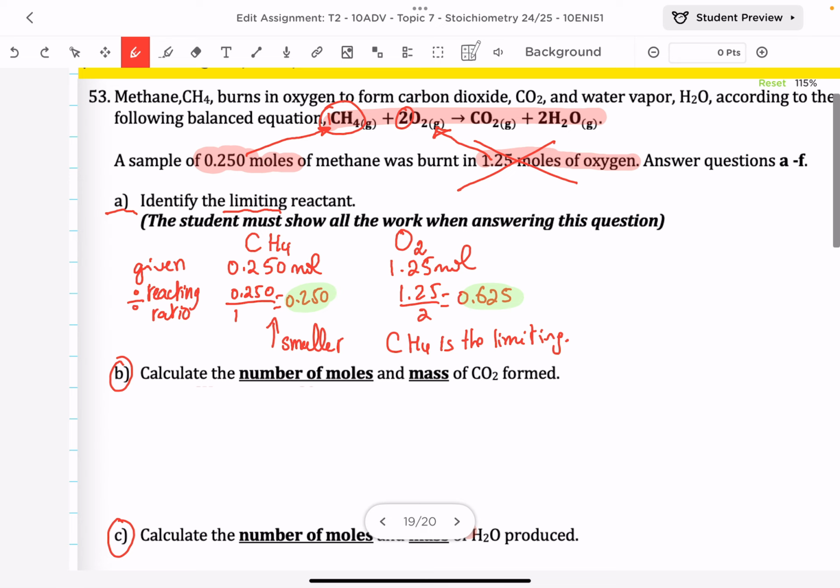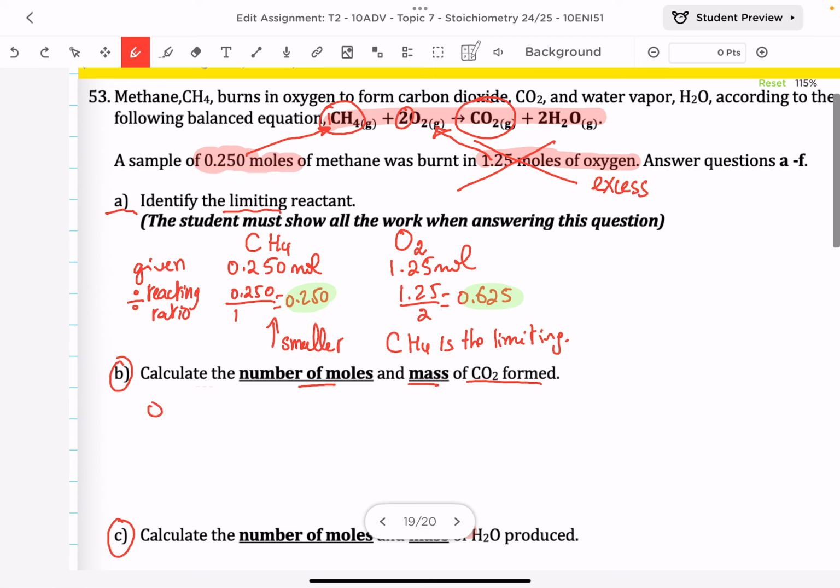Now, next question: calculate the number of moles and mass. Let's first find the moles of CO2. Again, am I going to do my calculations with this number or with this number? For sure, not the 1.25, because oxygen is in excess.